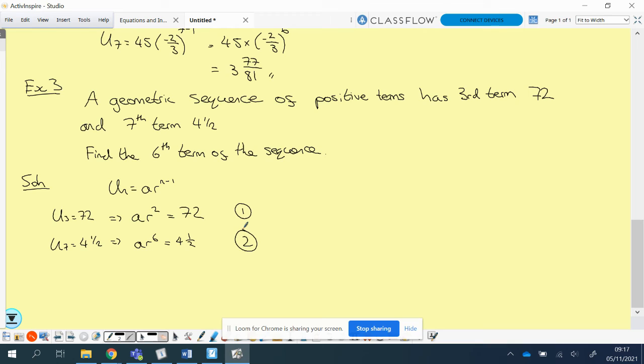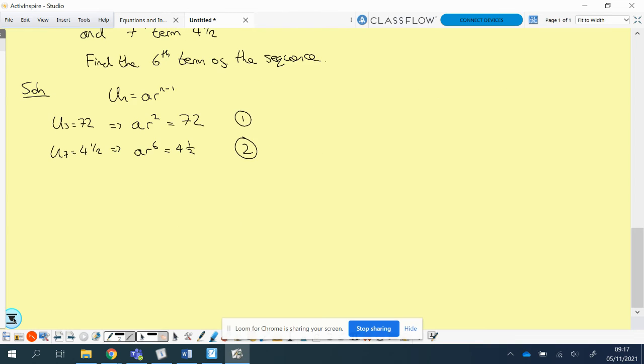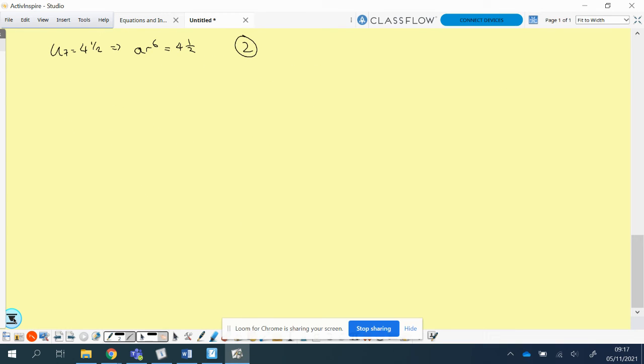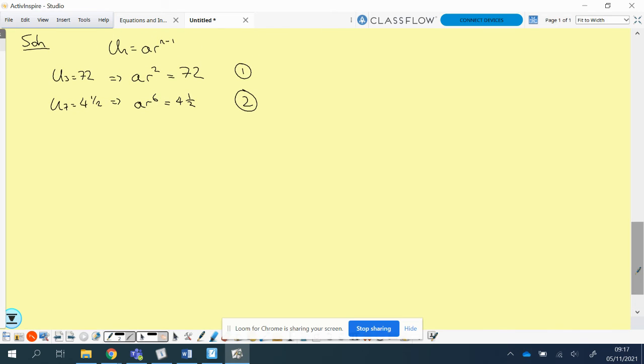What I'm going to do is divide equation 2 by equation 1. So that means A R to the power 6 over A R squared. That's the left hand sides of both equations, equation 2 divided by equation 1.